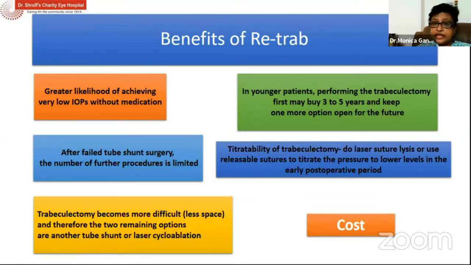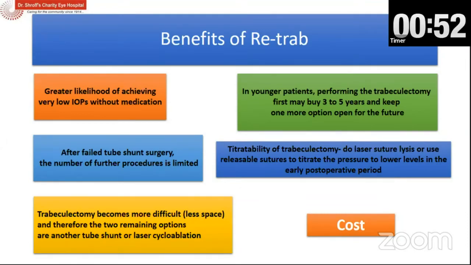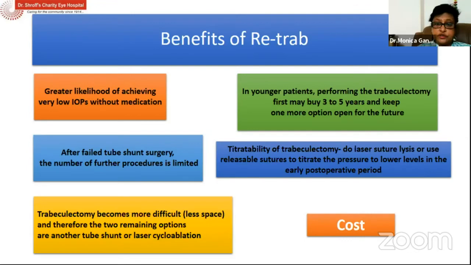We can titrate the trabeculectomy, and in tubes, if you're using a non-valve one, you have to wait till the valve starts functioning. And trabeculectomy becomes difficult if a tube is there. So we will only have to have another tube or cycloablation. And let us not forget, in our context, the cost.